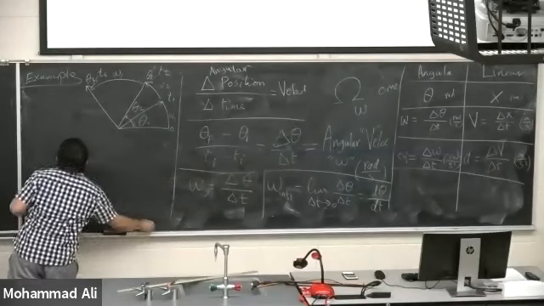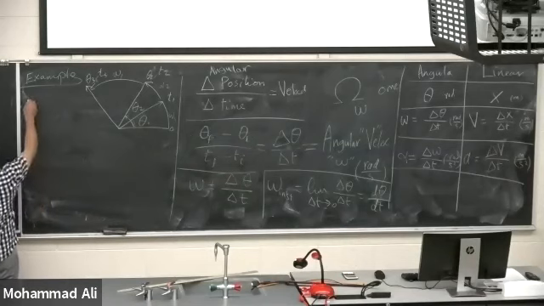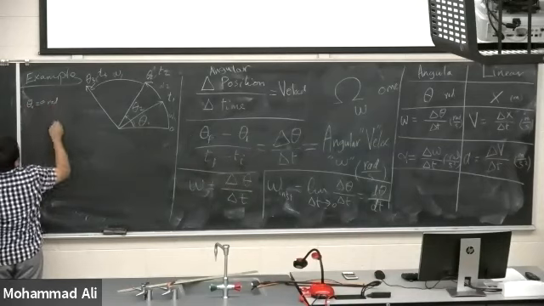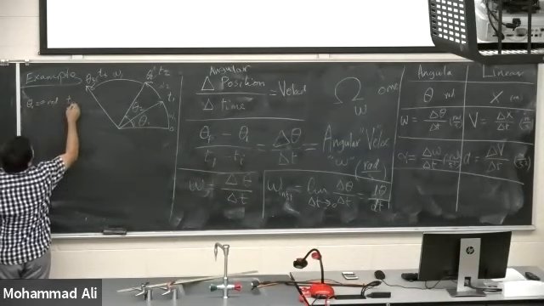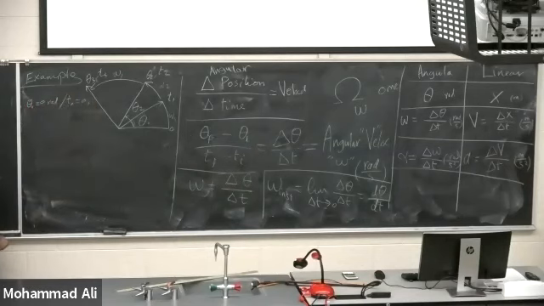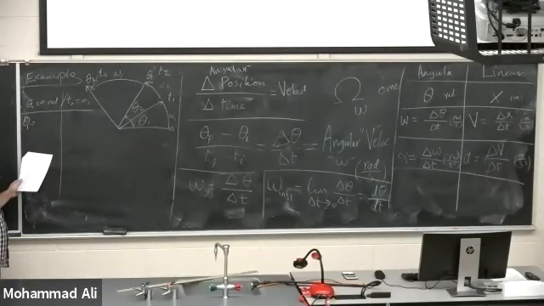Now, if theta 0 is equal to 0 radians, and T0 is equal to 0 seconds. Theta 1 is equal to pi over 6, which is 30 degrees.